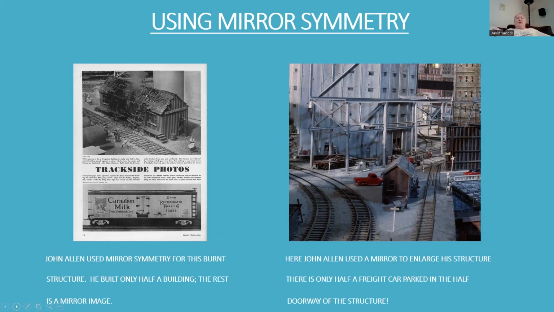Lettering, numbering, those kinds of things can give it away. But if it's a structure and you place it parallel, it'll work really well. That one is pretty tough to see, that mirror, but it's a good size mirror.